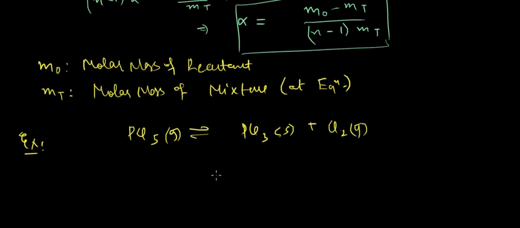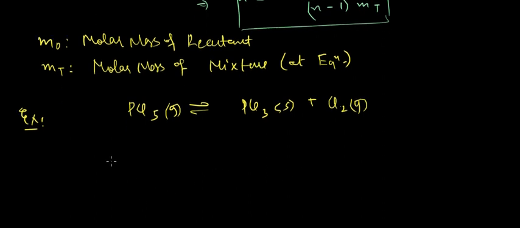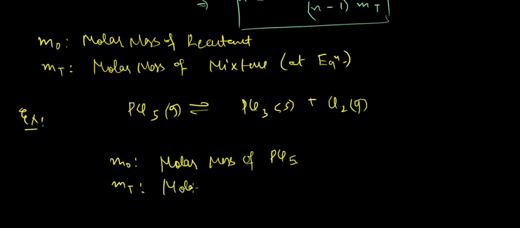So in this case, MO, the initial mass, would be the molar mass of PCl5, and MT would be nothing but the molar mass of the mixture.